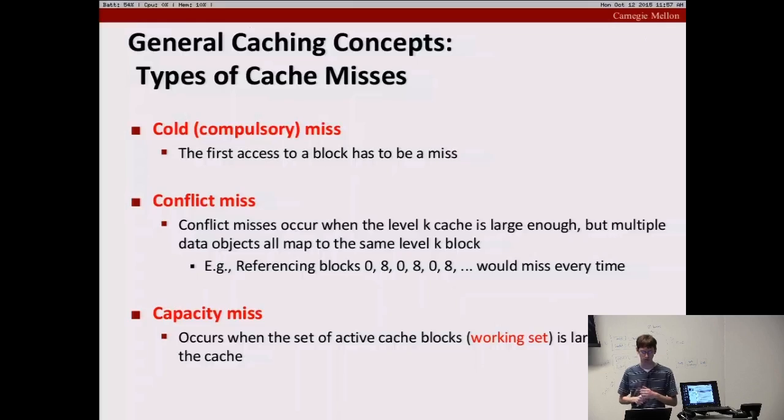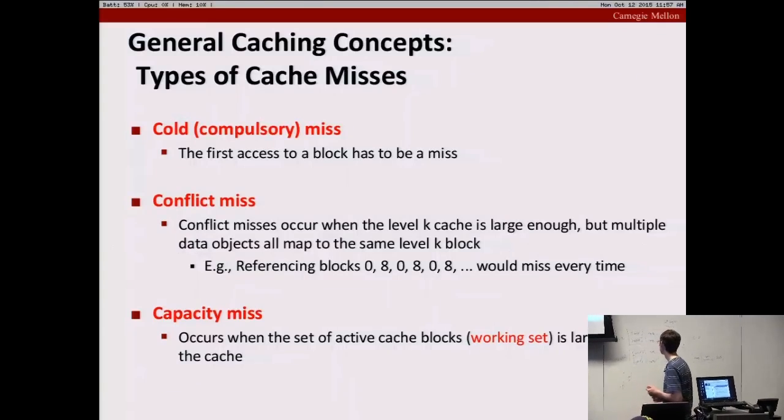Or we could be in the situation where the cache is completely full, and we've asked for something that's not in it. There, no matter what our cache management policy is, we're always going to miss, because of course there's no way it can be in there. We're going to have to replace something. So this middle one, the conflict miss, is one where how you get stuff out of the cache affects whether a certain data access pattern is going to have a high miss rate.